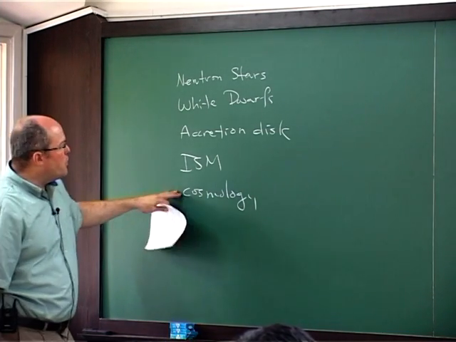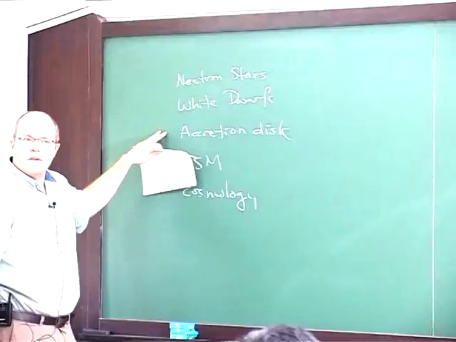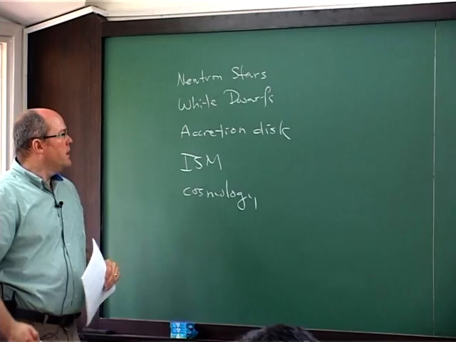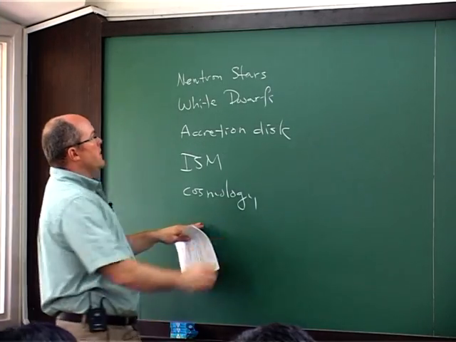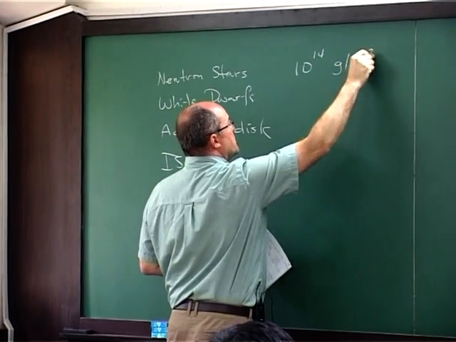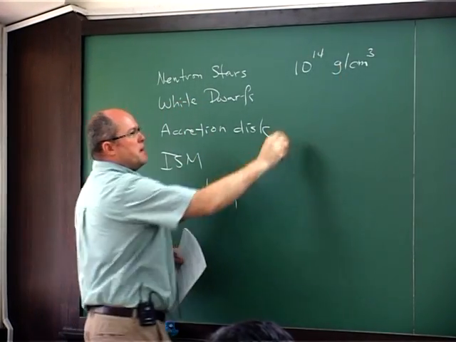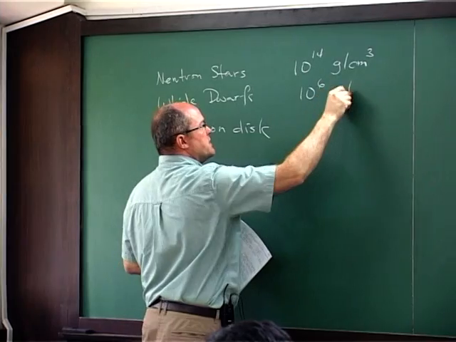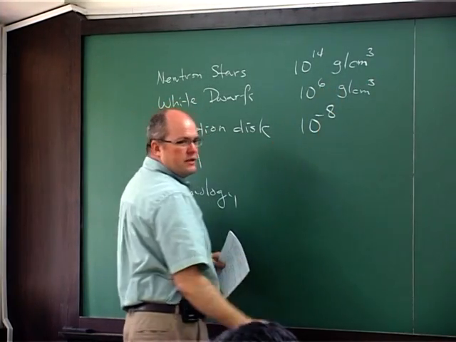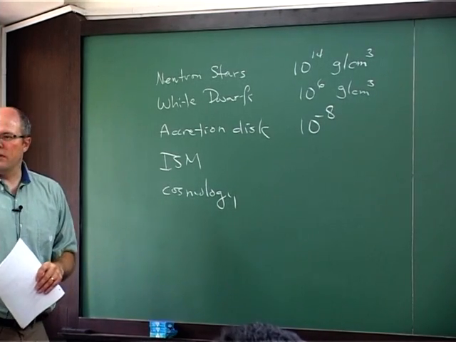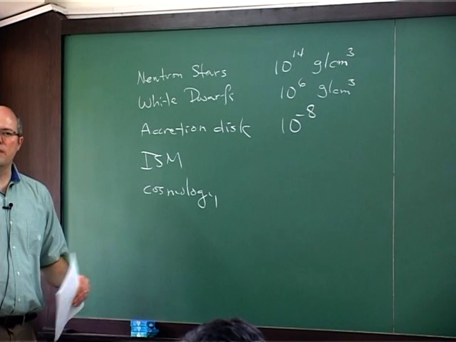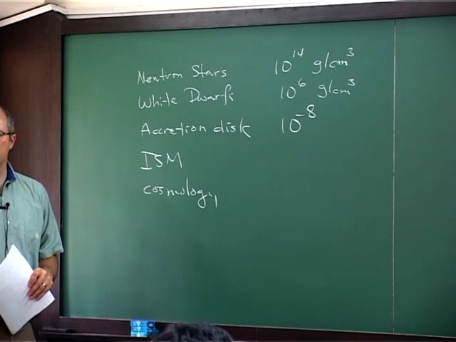And if you think about the range of densities here, it's amazing that there's one model, the fluid, that covers all of these, because neutron stars have densities of 10 to the 14 grams per centimeter cubed. White dwarfs might be around 10 to the 6 grams per centimeter cubed. Accretion disks, we're down to maybe 10 to the minus 8. When we go to the interstellar medium, we usually stop talking about densities and talk about number of particles per cubic centimeter.